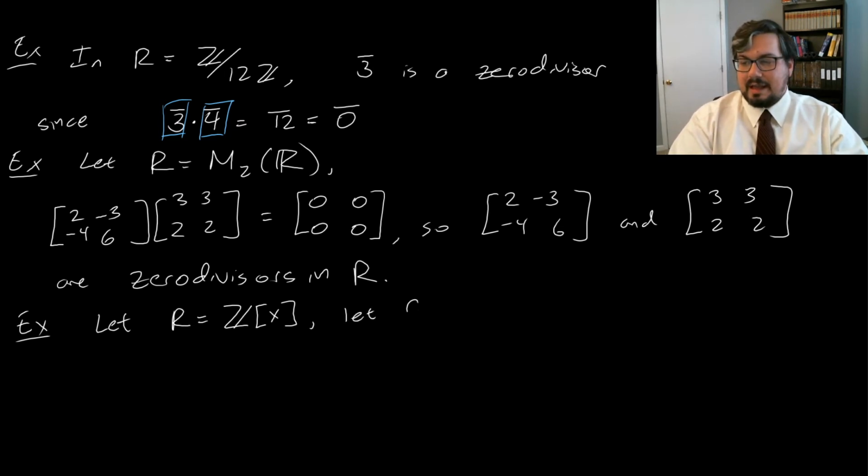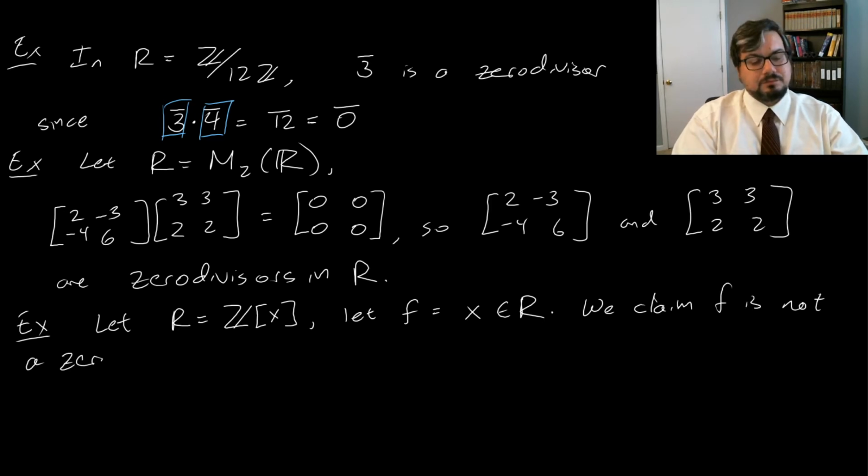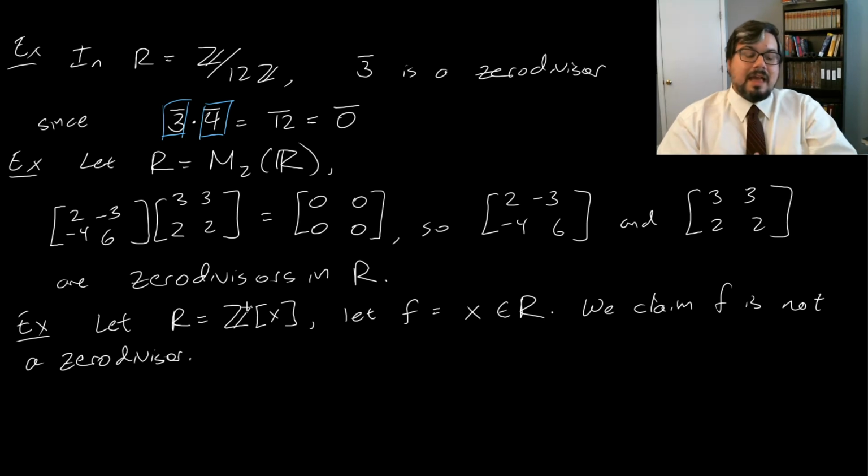And let F be just the polynomial X contained in R. Now we claim F is not a zero divisor. Now, as is typical when working with algebraic objects, proving that something doesn't have a property typically takes more work than proving that something does have a property.